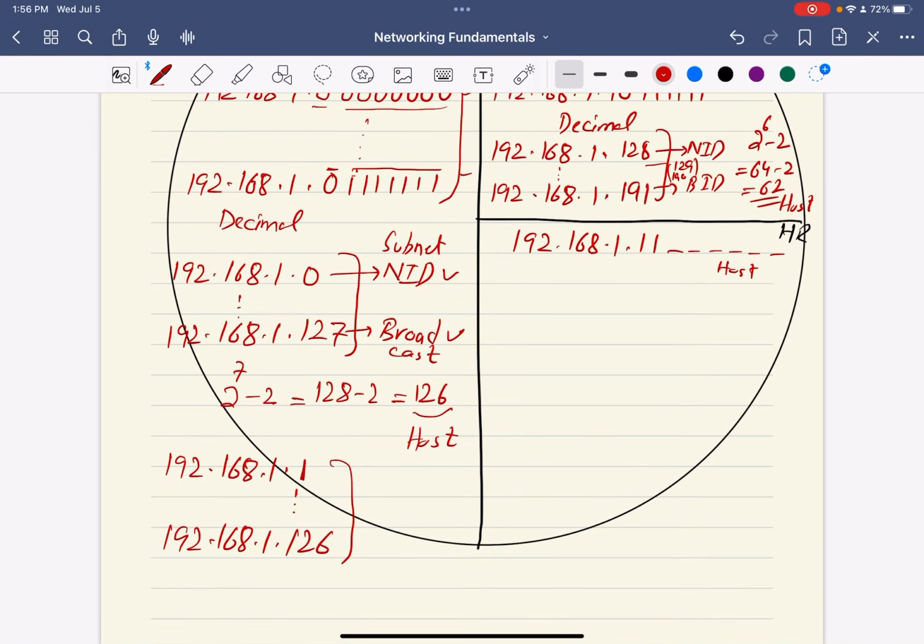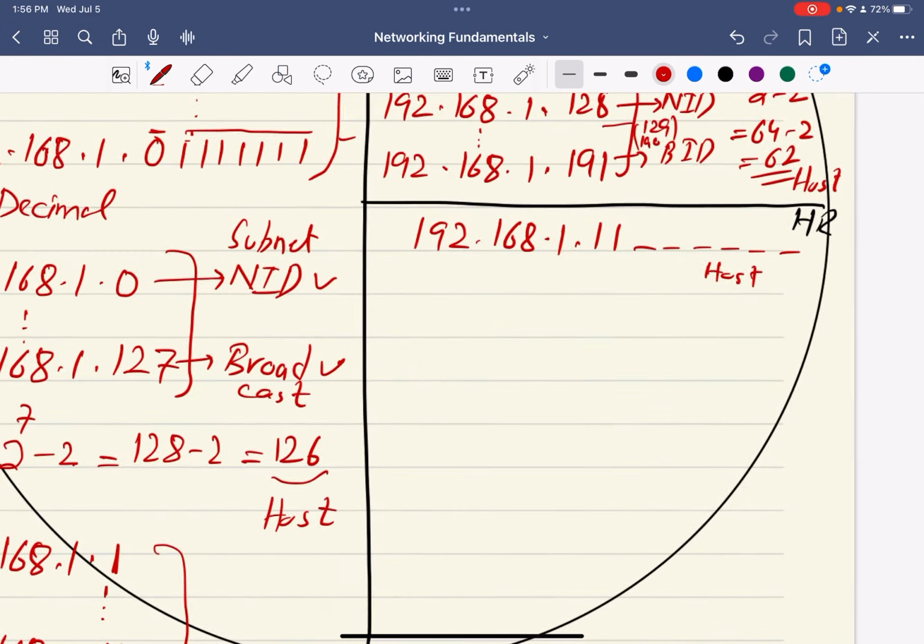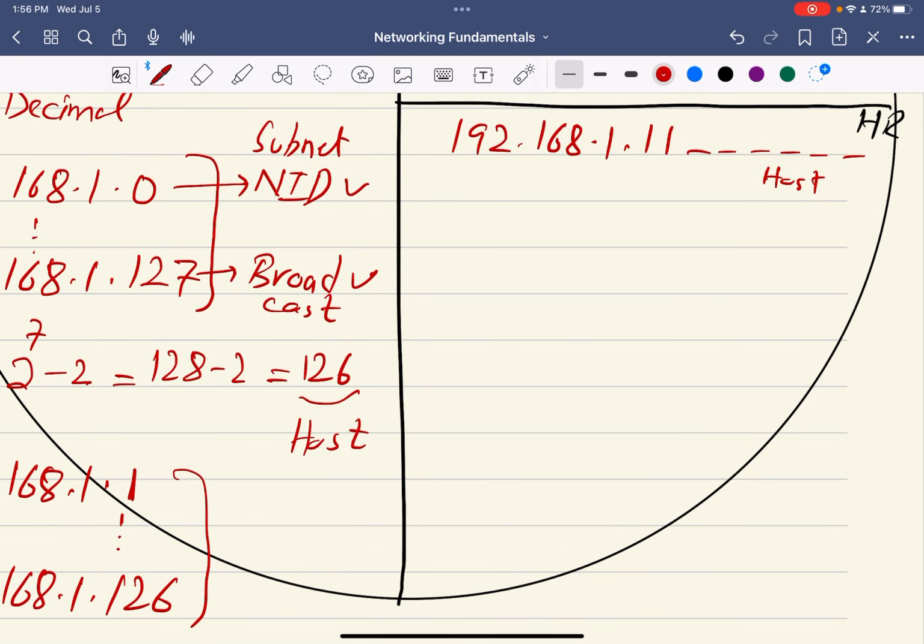Similarly, if you come down here in HR department, the same thing, exactly the same. Let's do it. So 192.168.1.11. So all these can be 0, right? All 6 bits can be 0, or the maximum value could be, all values can be 1, right?